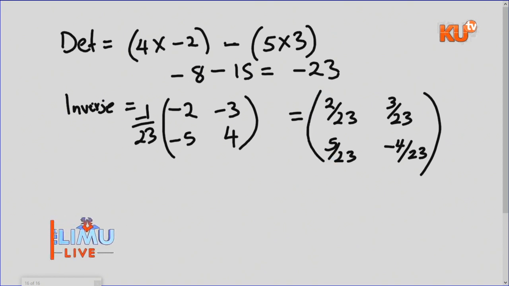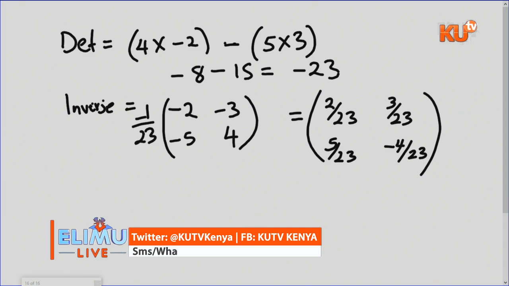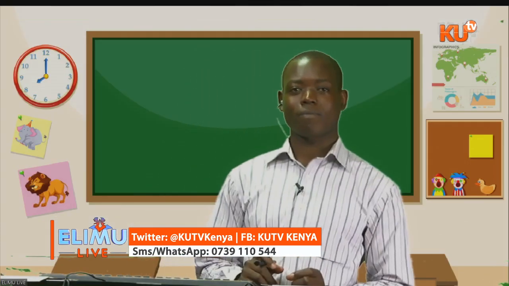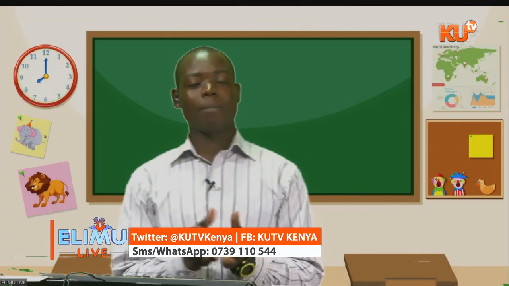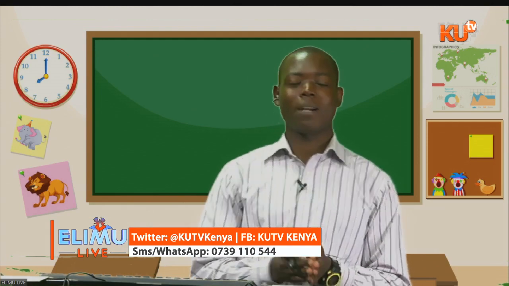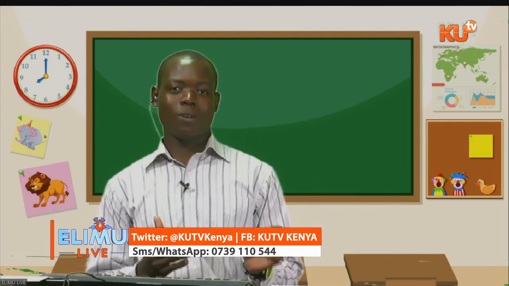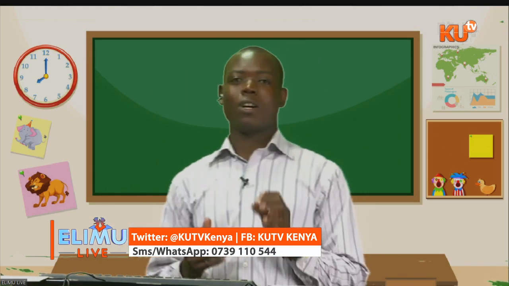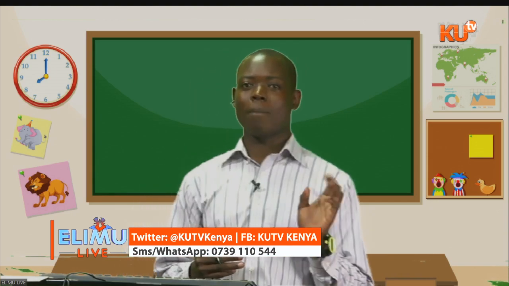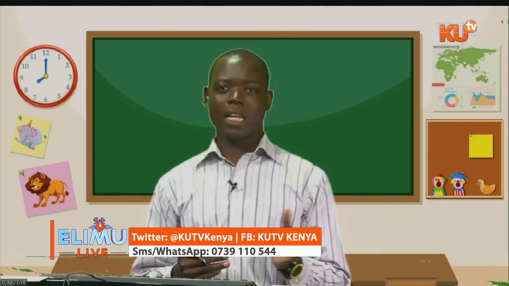Good. Once we have the inverse, then who can now tell us the next step? The next step is pre-multiply the matrix equation by the inverse. And so what is that in practice? Let's see it.